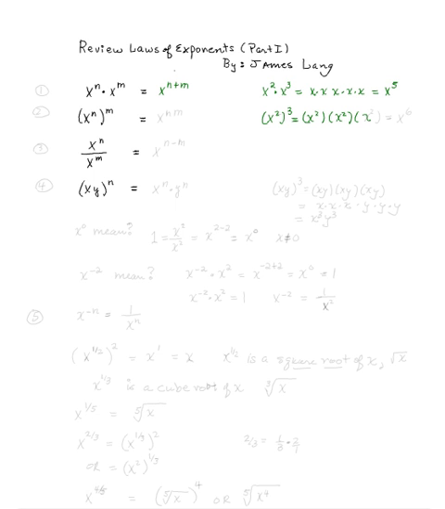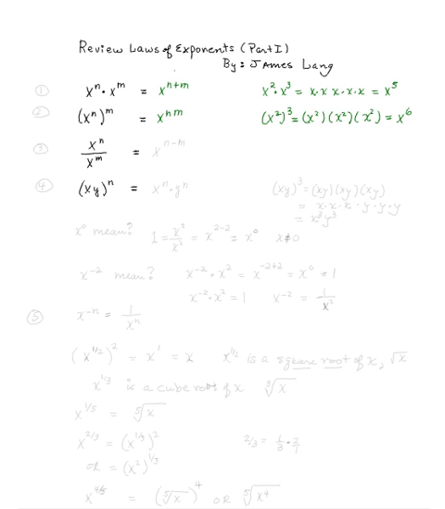And so you have x squared times x squared, which is x to the 4th, and x to the 4th then times x squared, which would be x to the 6th, and that would be multiplying the original exponents, 2 times 3. So when you raise a power to a power, you have x to the product of the exponents. You multiply the exponents. So x to the n raised to the m power is x to the nm.